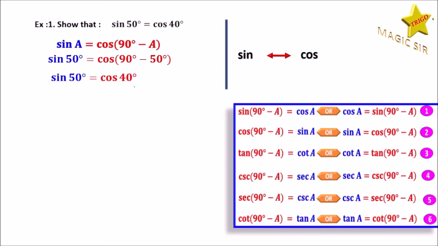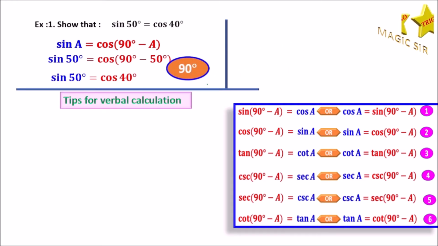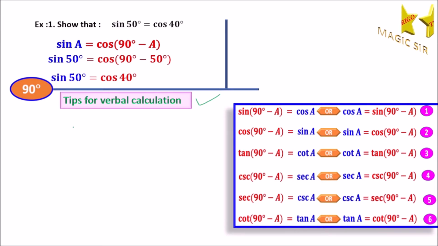Hence, we can convert sine to cosine or cosine to sine by subtracting the given angle from 90 degrees. Here, note that 50 degrees plus 40 degrees is equal to 90 degrees. Here is tips for verbal calculation. How do you convert sine 80 degrees to cosine?